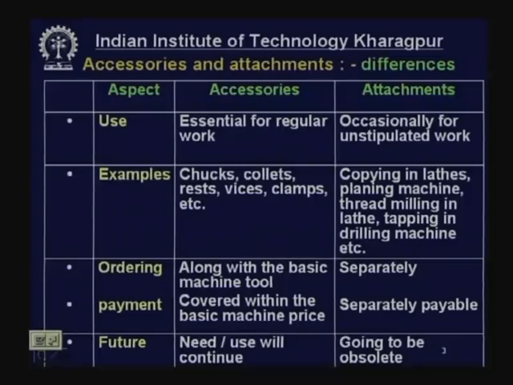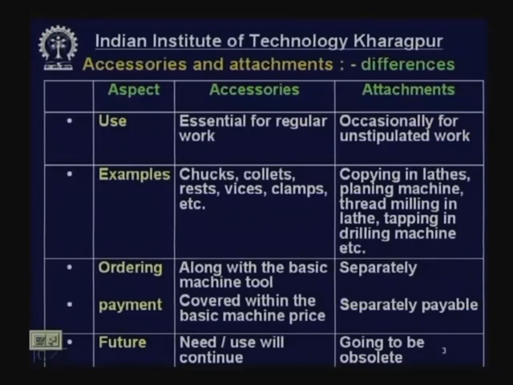This is called stipulated work, and for conducting the stipulated activities, some extra devices are to be incorporated into the machine tool. But attachments are very occasionally used and are beyond the stipulated range. Suppose a lathe has some stipulation, and you want to do something which cannot be or should not be done in a lathe, but we shall do it in a lathe deliberately with the help of an attachment.